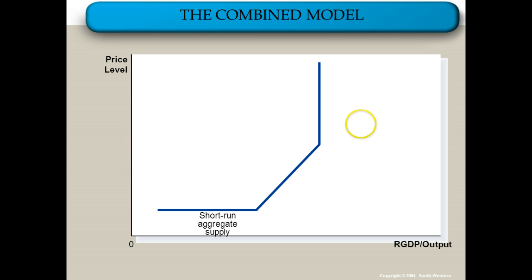And then we get to a point where you've moved so far to the right in our graph that GDP is so high and unemployment is so low that no matter how hard you push the economy, there's no more room for it to grow. It doesn't have any more resources to grow. So all you're going to do is push prices up. Because that's the case, we would say that this is full employment.